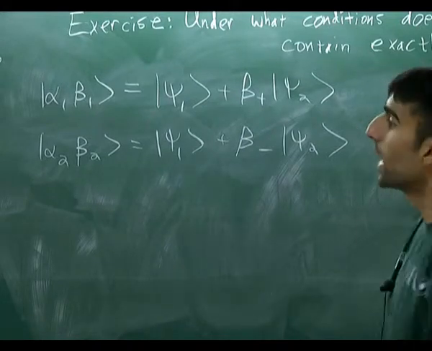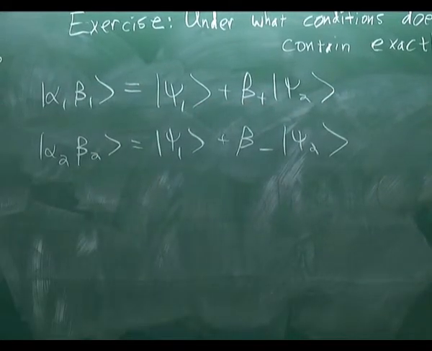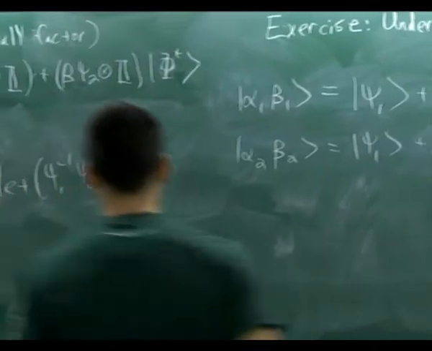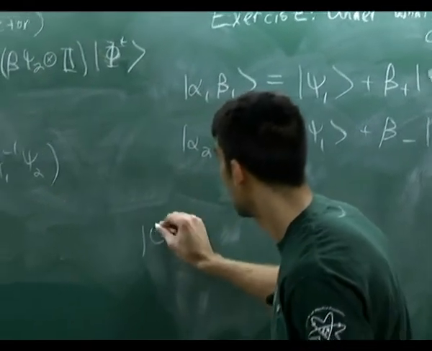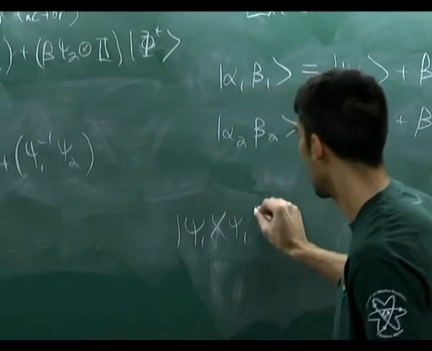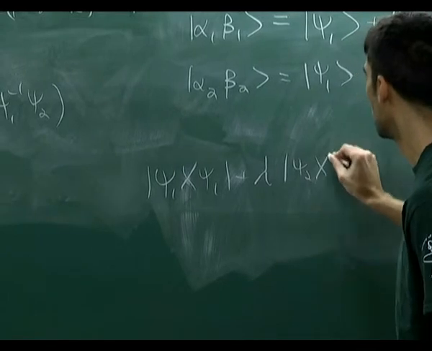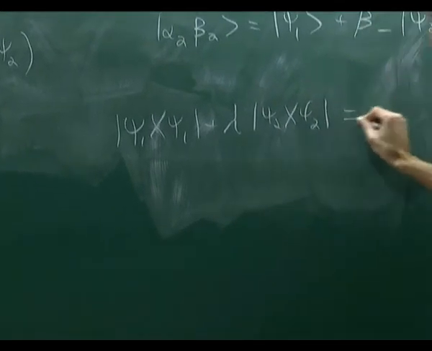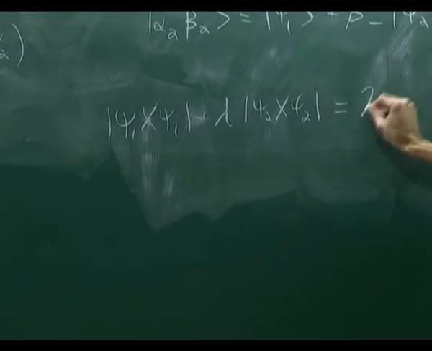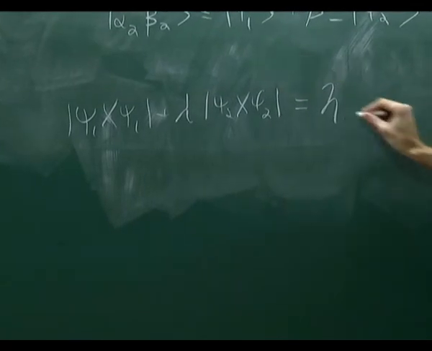Okay? And so now if this is separable, right? So if psi 1 plus lambda psi 2 is separable, that means that we can write it as, again, a convex combination of these guys.